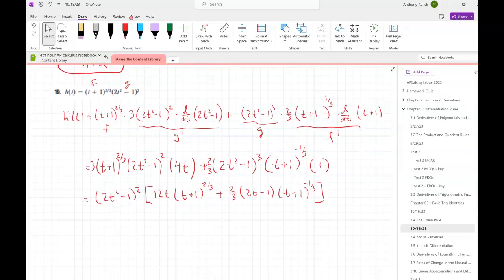So far, so good? Yeah. And then maybe I'd factor out a t plus 1 to the negative 1/3, excuse me. So when I do that, t plus 1 to the positive 2/3 just becomes t plus 1 to the first.